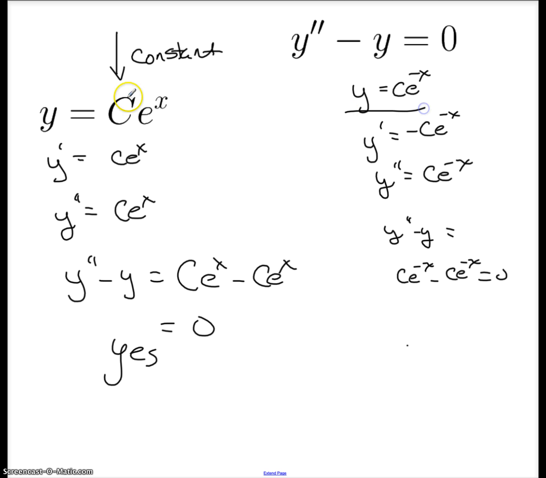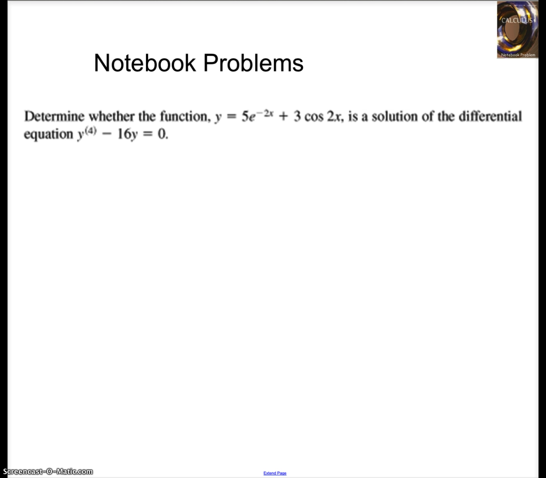So both of these are solutions to this differential equation. And that constant gives us a general solution. But, okay, first of all, you try. When you're done, stop the tape, do the problem, and then return, because we're going to work on particular solutions.